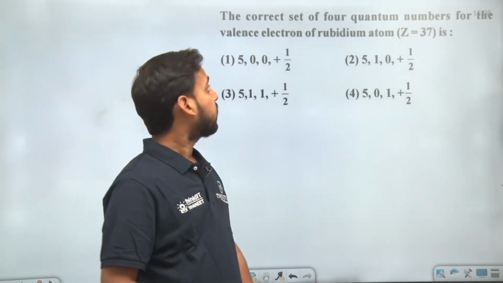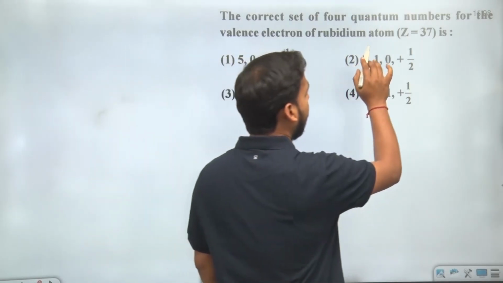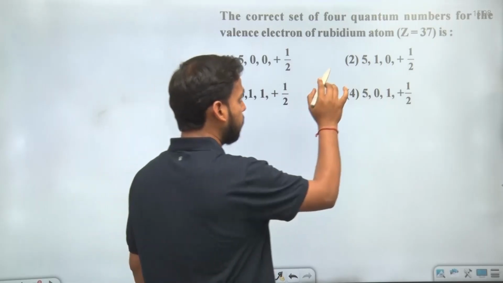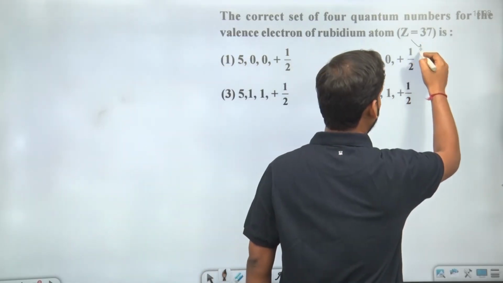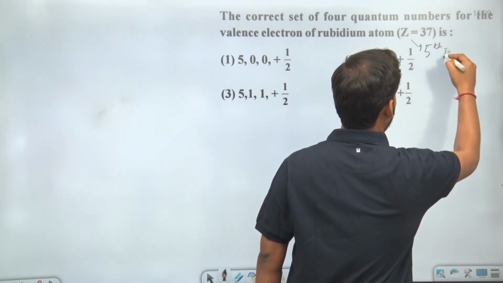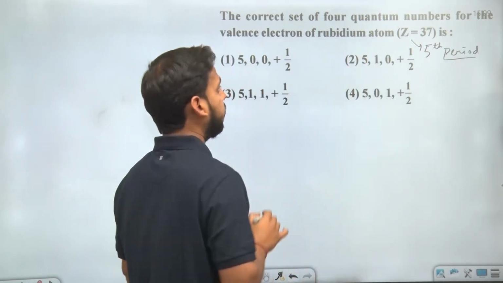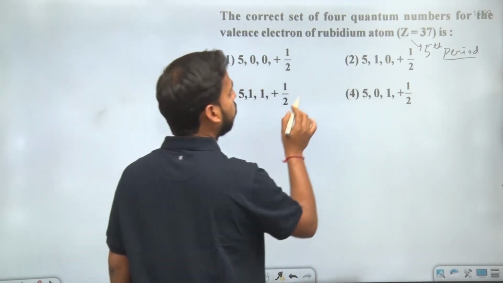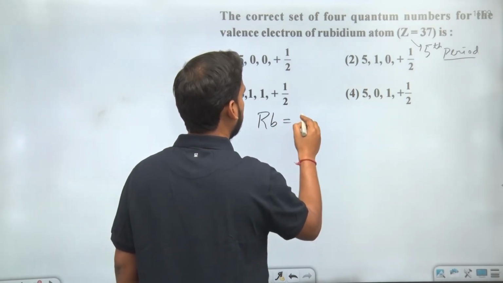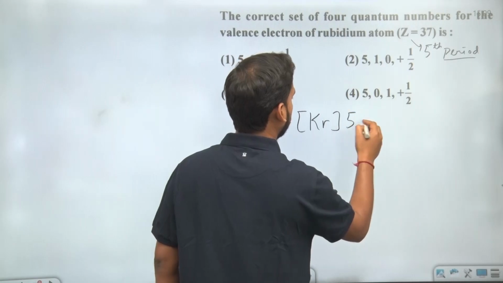Next question: the correct set of 4 quantum numbers for the valence electron of rubidium, atomic number Z equals 37. It is of the fifth period, and the electronic configuration of rubidium is krypton 5s1.